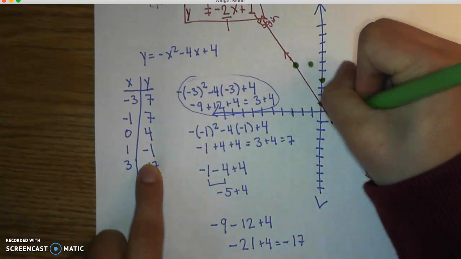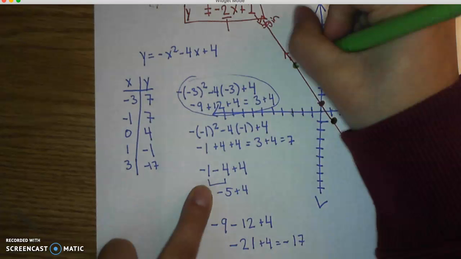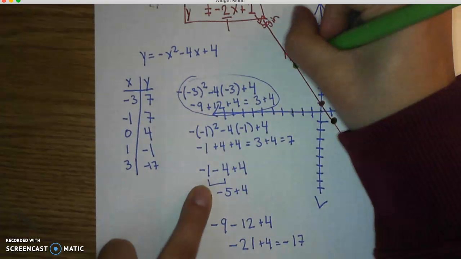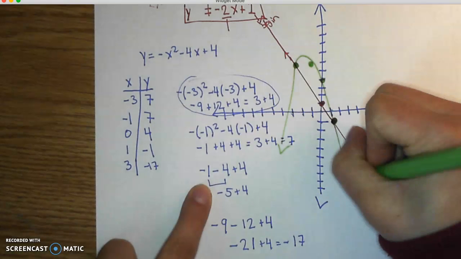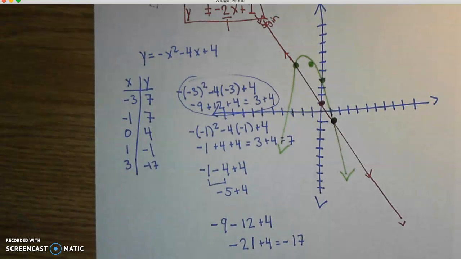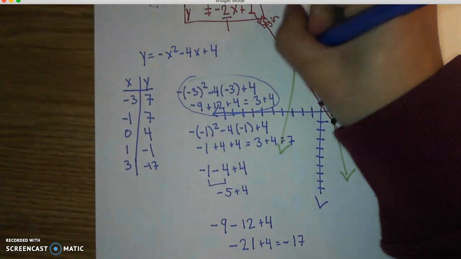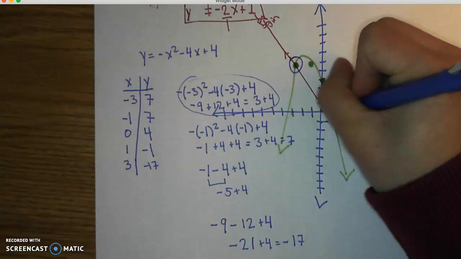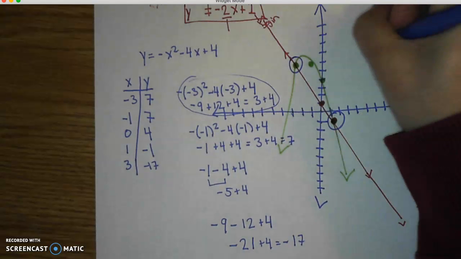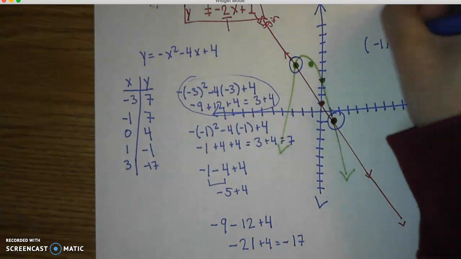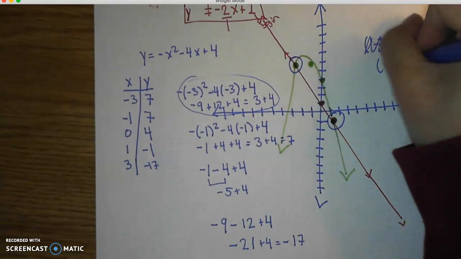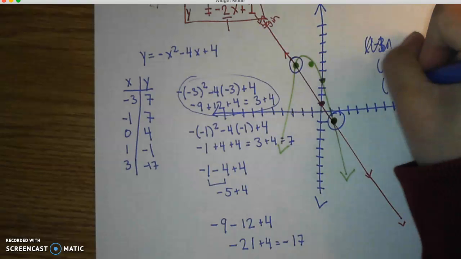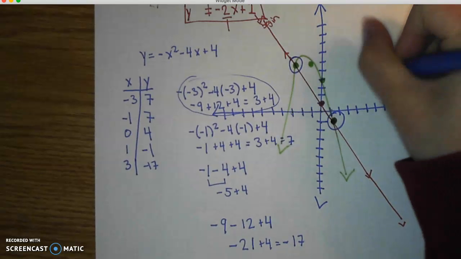It's right on the graph. Cool. So my graph looks like this. And the solution is where they intersect, right here. So the points, -3, 7, and 1, -1.